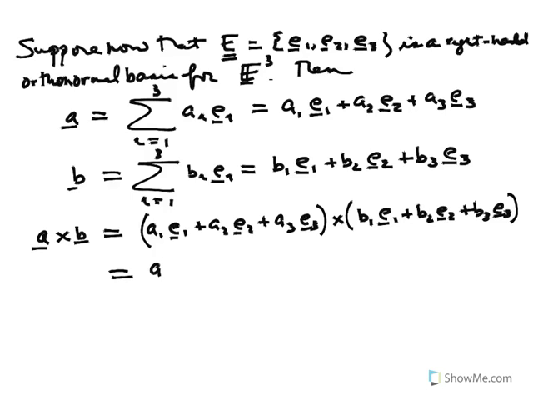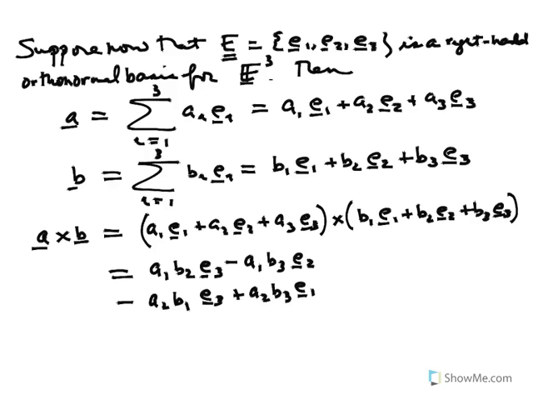We get A1 B2 E3 minus A1 B3 E2, and then we get A2 B1 E3 with a negative sign, and then plus A2 B3 E1, and then plus A3 B1 E2 minus A3 B2 E1, right?